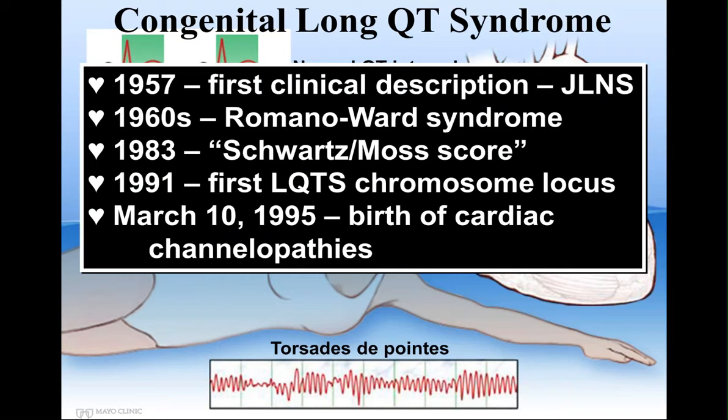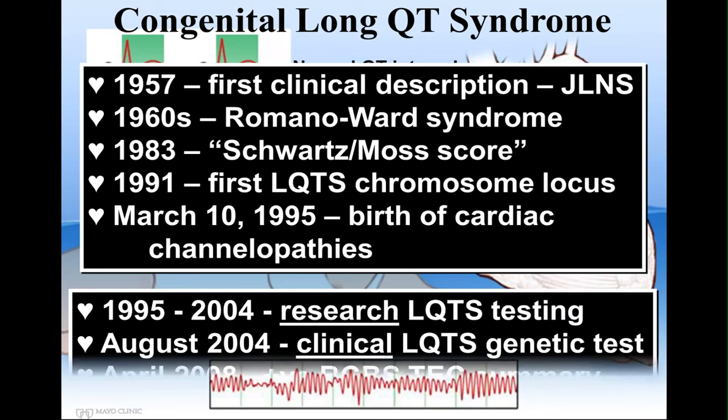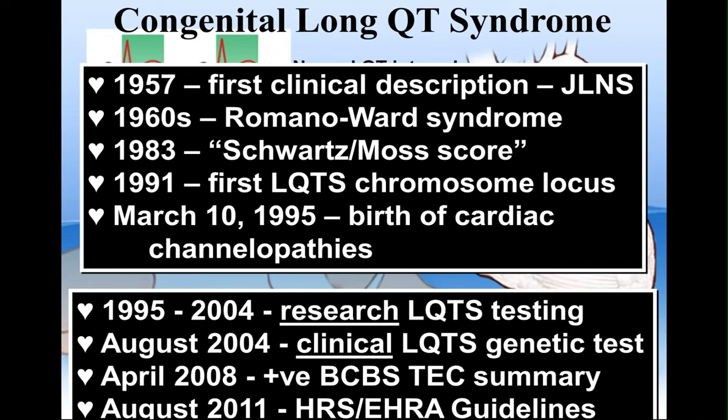We're now almost 60 years since the birth of this syndrome from the sentinel description in the late 50s. The discipline of the cardiac channelopathies is now a young adult, over 20 years old since Mark Keating discovered for us the root cause of long QT syndrome with loss of function mutations in the voltage-gated potassium channel shown here and leaky sodium channels not shown. Those discoveries in 1995 then ushered in the decade of so-called research-based genetic testing.